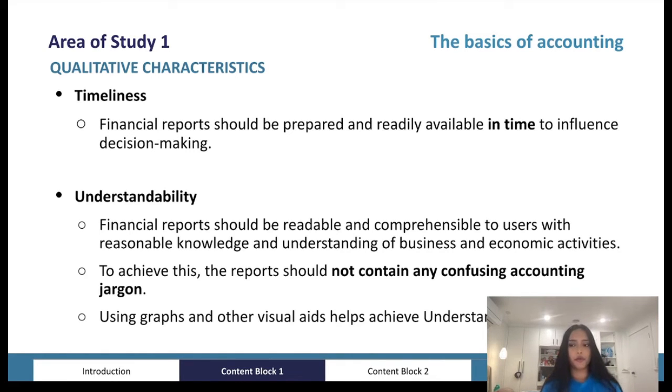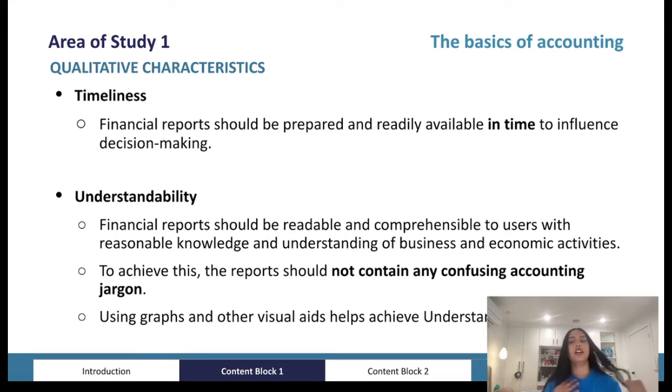We want to prepare it in time for the owner to make decisions. And then lastly, understandability states that our report should be easily comprehensible to the people that are using them. So we shouldn't include any complicated language, and we should try to use visual aids such as graphs or tables that can help to summarize information.